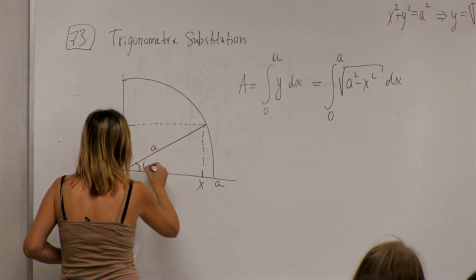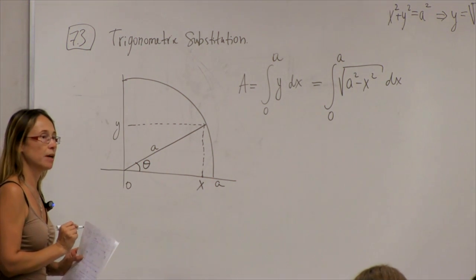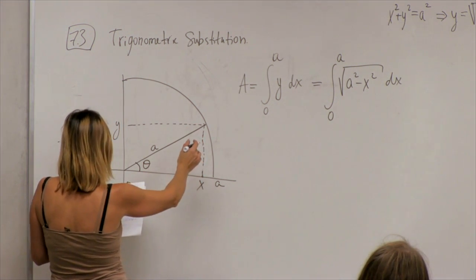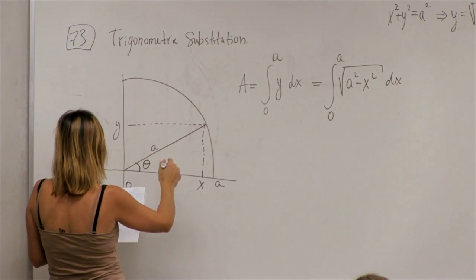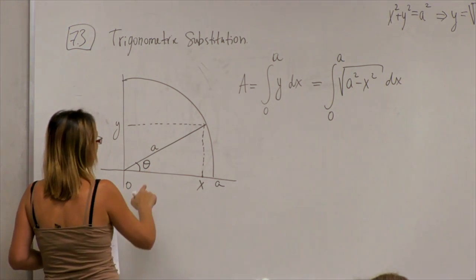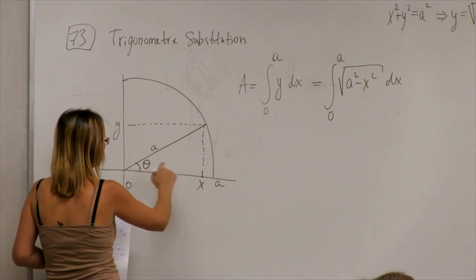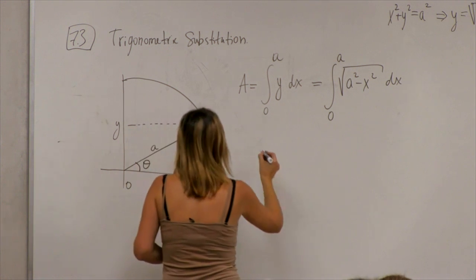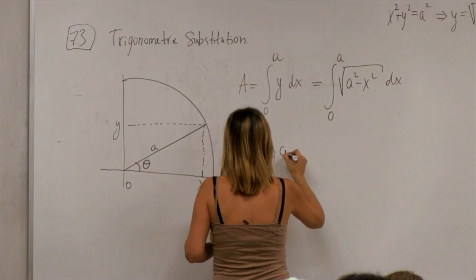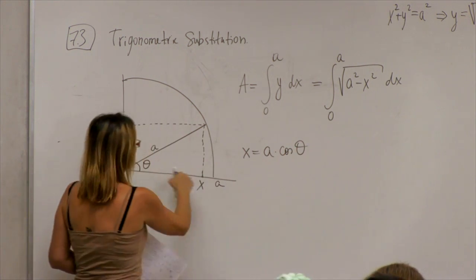Let's denote this angle theta. Okay, and I'm going to express y and express x as a function of theta. So what is the relationship between x and theta? We can say that x is a times cosine theta, correct?